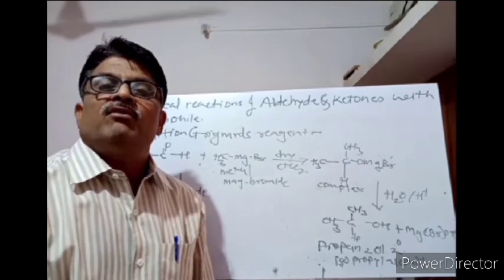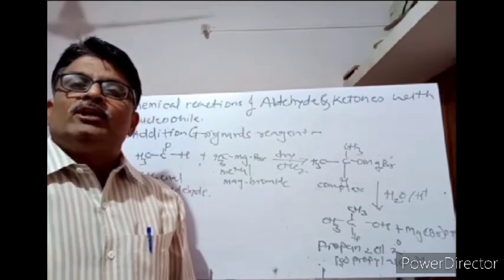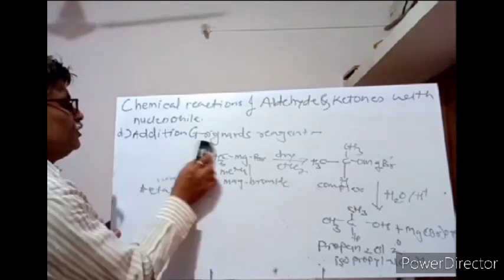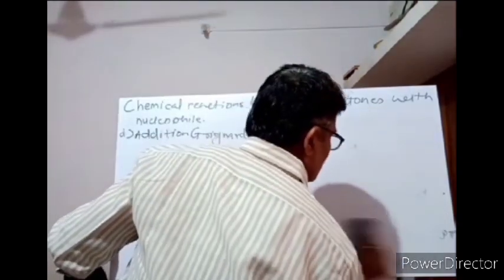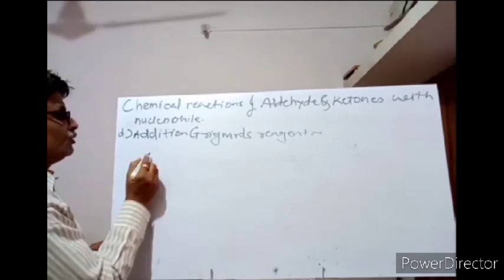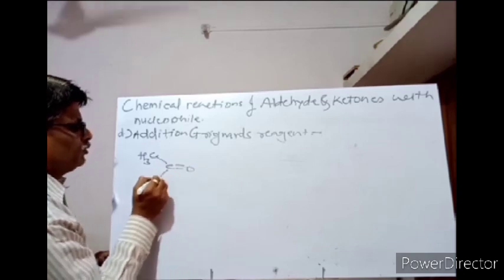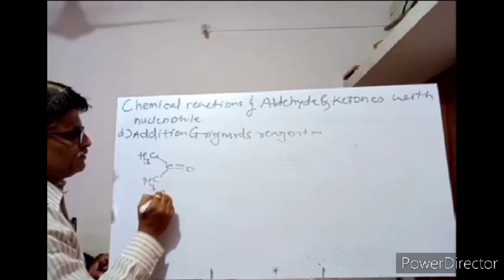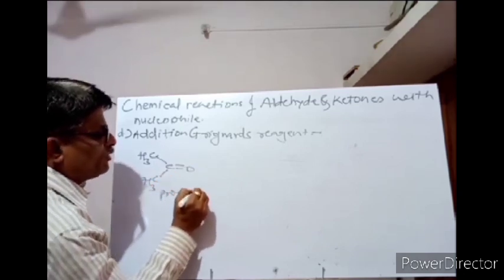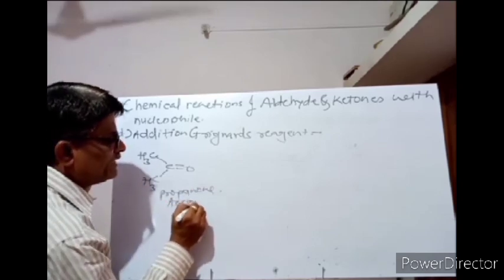Tertiary alcohols are formed with a Grignard reagent by reacting a ketone like acetone. We will see this reaction like this. Here is acetone, CH3 C double bond O CH3. This is known as propanone, or it is also known as acetone.